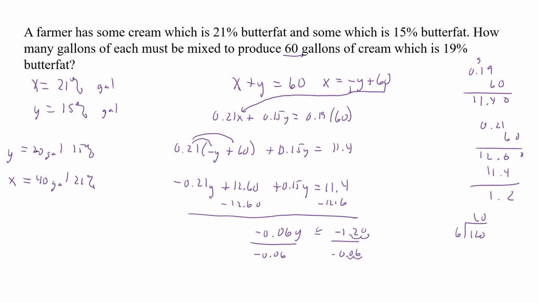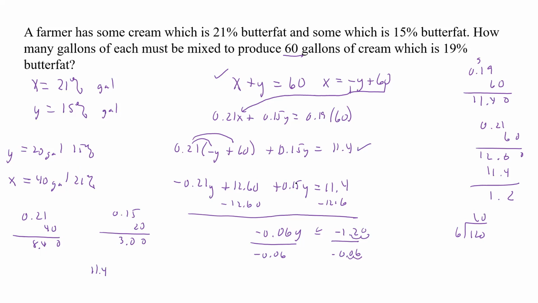Now, does that add up? Well, 20 plus 40 equals 60, so the first equation works. Now, 0.21 times 40 is 8.4, and then we have to take 0.15 times y, which was 20, that's 3. So 8.4 plus 3 is 11.4, and that's what we found out was the answer.